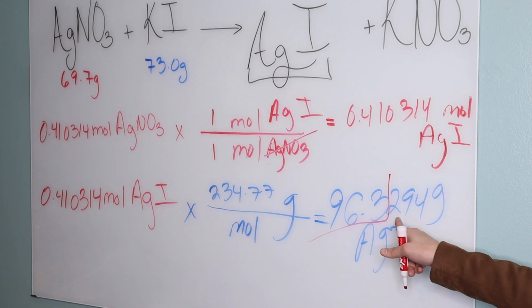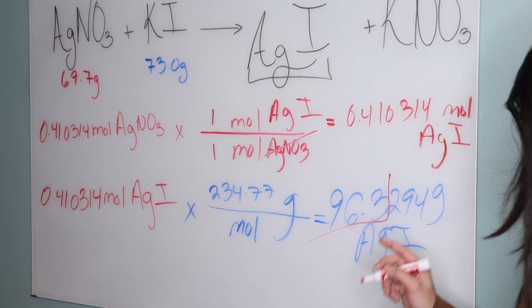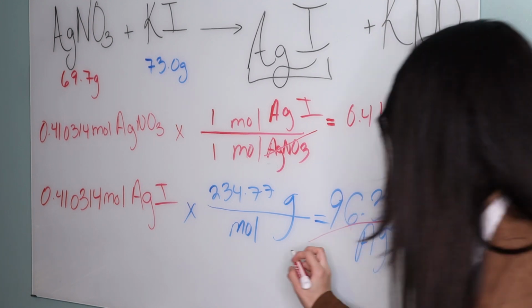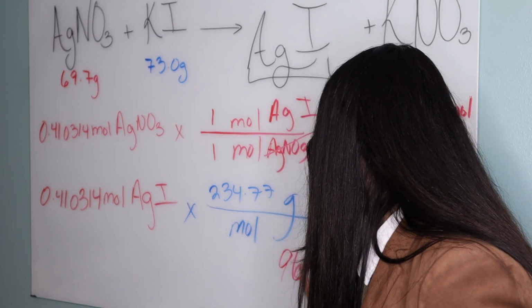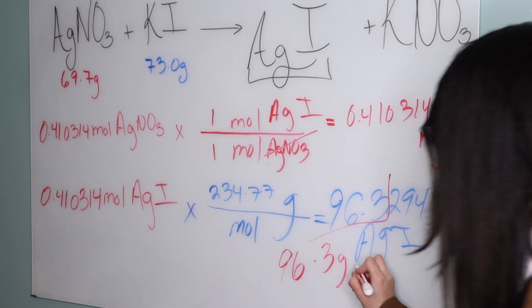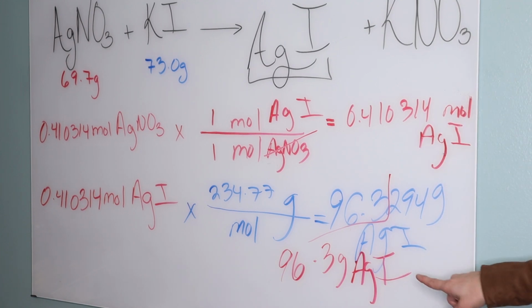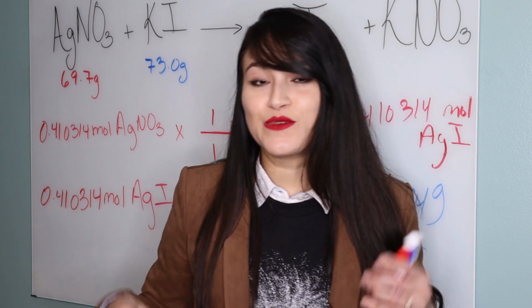Do we have to round? No, we don't. So our final answer turns out to be 96.3 grams of silver iodide. So if we lived in an ideal world, this is how much silver iodide we could recover.